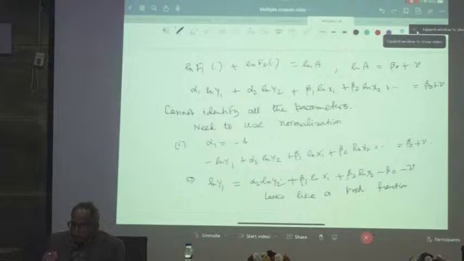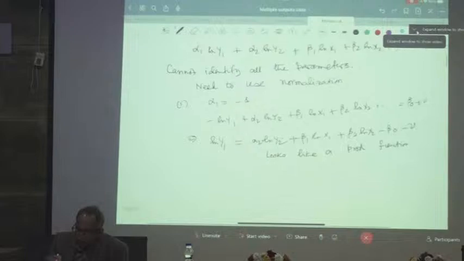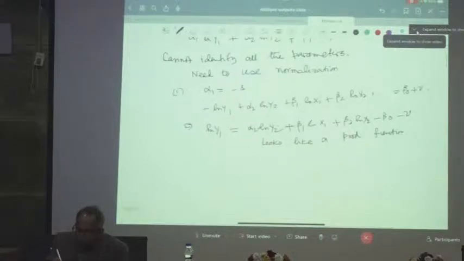The reason I say it looks like a production function is that you have one of the y's on the left hand side and you use the other y on the right hand side. Now the question is, there is a problem in here. Which y is to be used as the dependent variable?